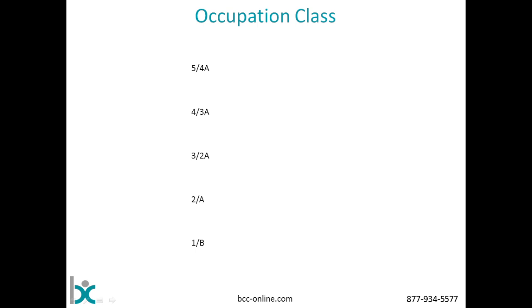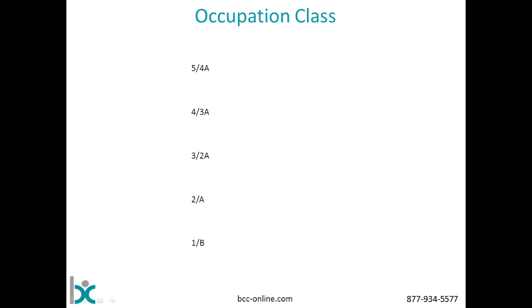Our 5s are going to have access to the most generous definitions of disability. They're going to pay the least on a dollar-for-dollar basis for their coverage, whereas our 1s are going to have access to the most restrictive definitions of disability, and they're going to pay the most for the coverage that they receive.